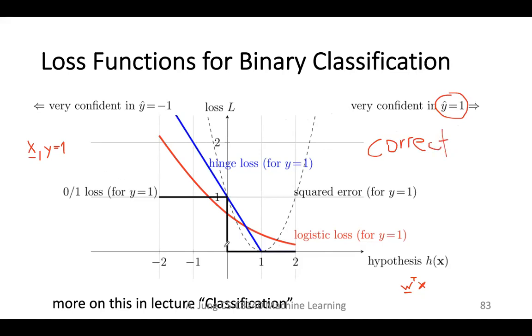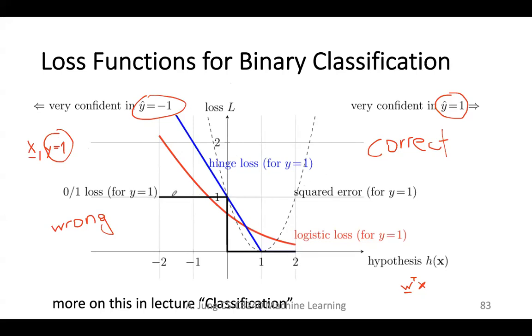Whereas on the left side, for every hypothesis that delivers a negative value, we would predict y hat equal to -1, which is a wrong prediction, because we start from the assumption that the true label is 1. And if we predict -1, this means wrong classification. So everything on the left of the vertical axis corresponds to a wrong classification. Everything on the right, correct.